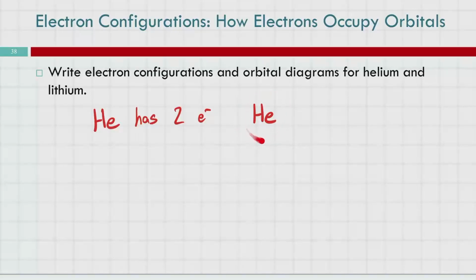So we start with helium. Our electron configuration tells us where the electrons are going. What's our lowest n number? Principal quantum number. We're thinking about orbits. Lowest number is 1, so we're going to start off with 1. What's our shape family that exists in n equals 1? There's only one of them. S. So we're starting off with 1s.